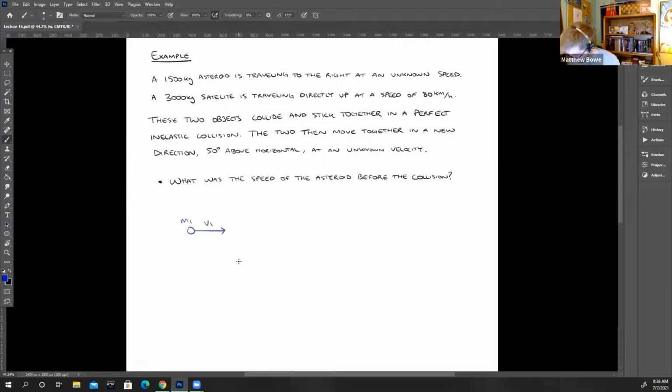And we have a satellite. Just going to make it a square. It's moving directly up, has its own mass and its own velocity. These should be vectors. This is the before scenario. So I'm going to label that even above my picture.